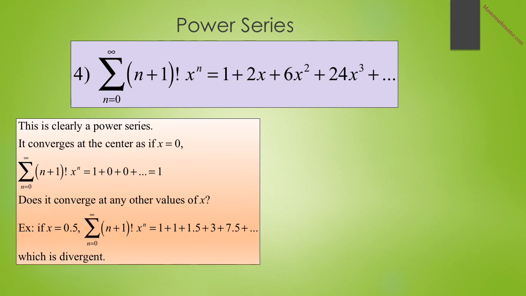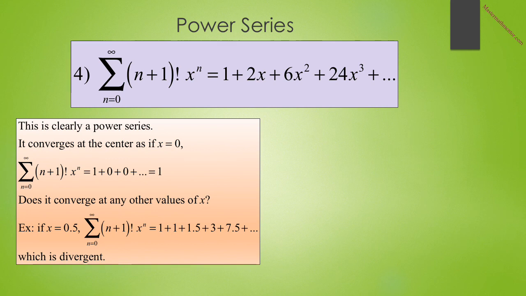This is clearly a power series as it has a constant, an x term, an x squared term, etc. And it certainly converges at the center, because if x is equal to 0, then the summation is simply 1 plus 0 plus 0 plus dot dot dot, which is equal to 1. So it converges at the center.